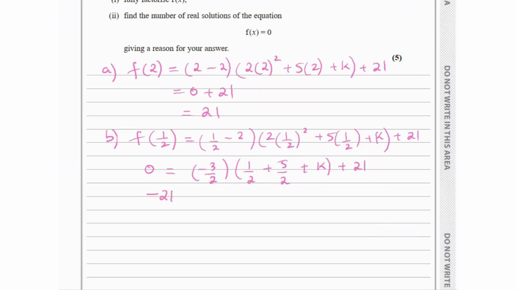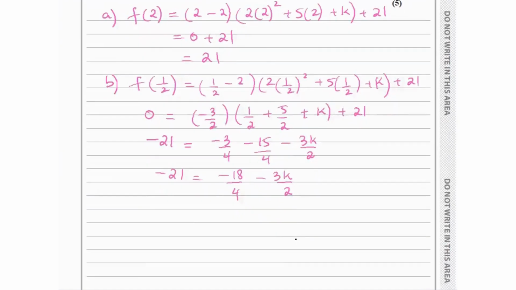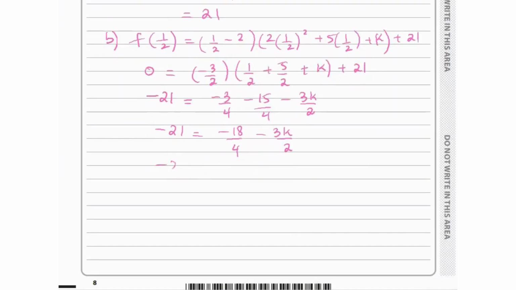Negative 21 equals to negative 3 over 4, expanding the bracket, negative 15 over 4 minus 3k over 2. That's negative 21 equals to negative 18 over 4 minus 3k over 2. Take the negative 18 over 4 to the other side. It becomes plus 18 over 4.